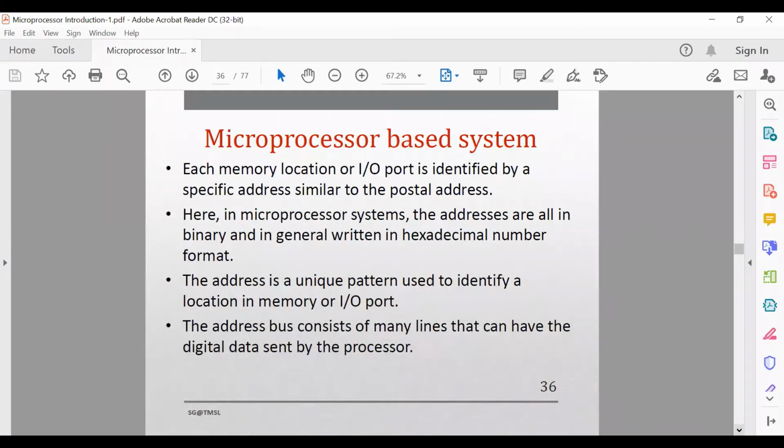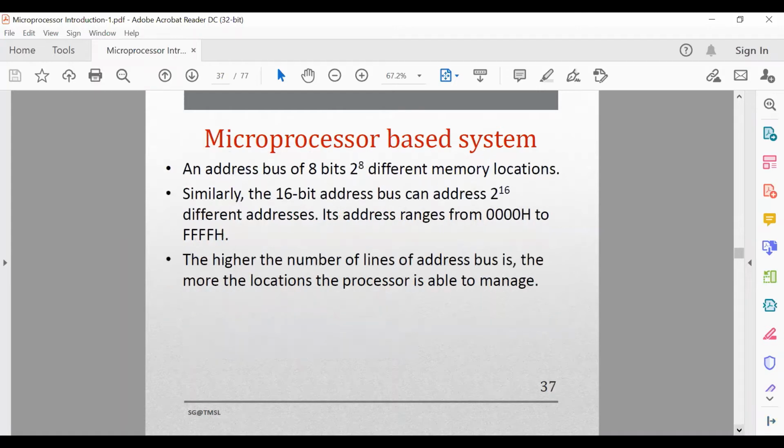Every address has a unique pattern used to identify a particular location in memory or an IO port. The address bus consists of many lines that transport the digital data sent by the processor. An address bus of 8 bits, corresponding to 8 address lines, can address up to 2 to the power 8 different memory locations.